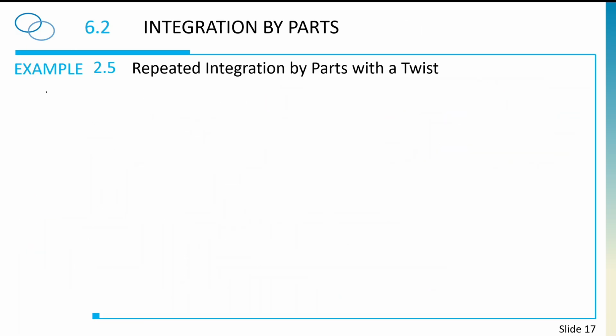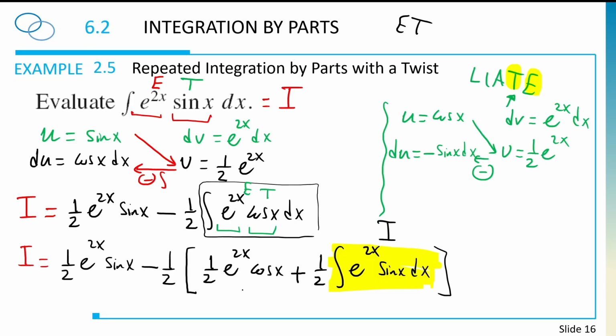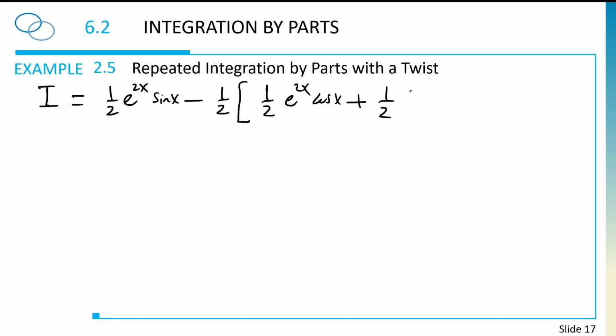So what I had here was I equals half e to the power of 2x sine of x minus half, I've used the brackets before, half e to the power of 2x cosine of x plus half, remember this one, I replace it with I. So this is half I. I close the bracket. Now what's the next step?